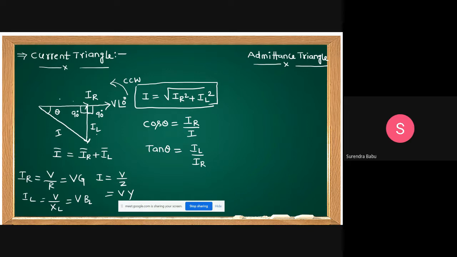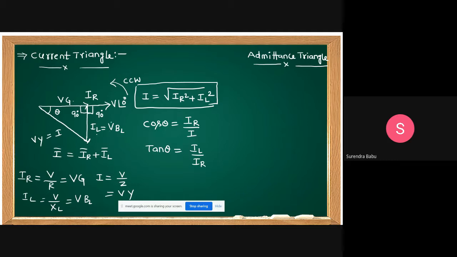In this triangle, this is V into G, this is V into BL, this is V into Y. Each vector is divided by V, and we can get the admittance triangle.